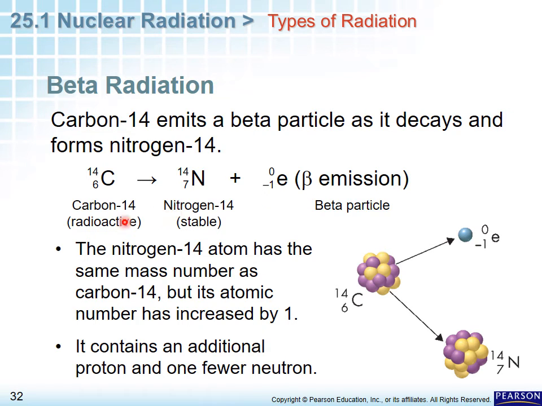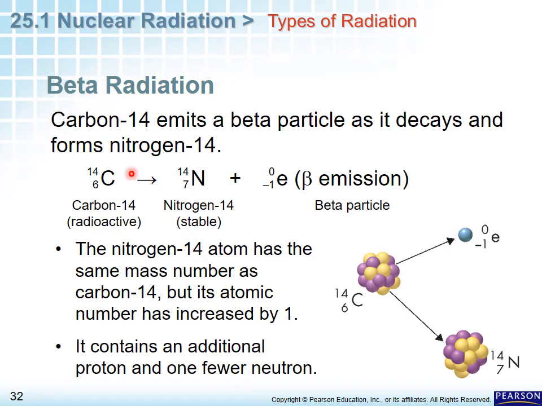Carbon-14 is a radioactive element, remember, not the simple carbon. Simple carbon is carbon-12, where the mass is 12, but carbon-14 is a radioactive isotope. So carbon-14 is going to become stable by releasing a beta emission electron. When it undergoes beta emission, the nitrogen-14 atom has the same mass number as carbon-14.